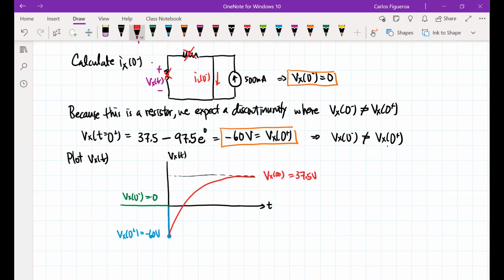And if you look at the jump here, this is the voltage jump of minus 60 volts for that resistor.